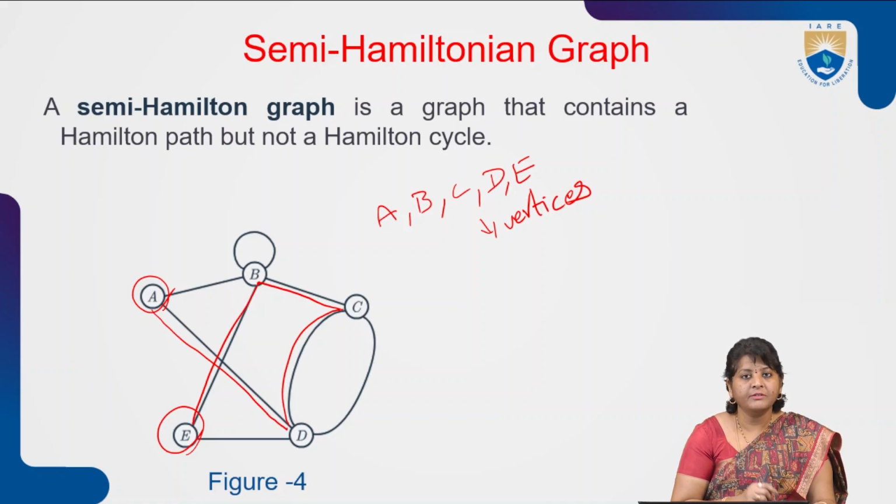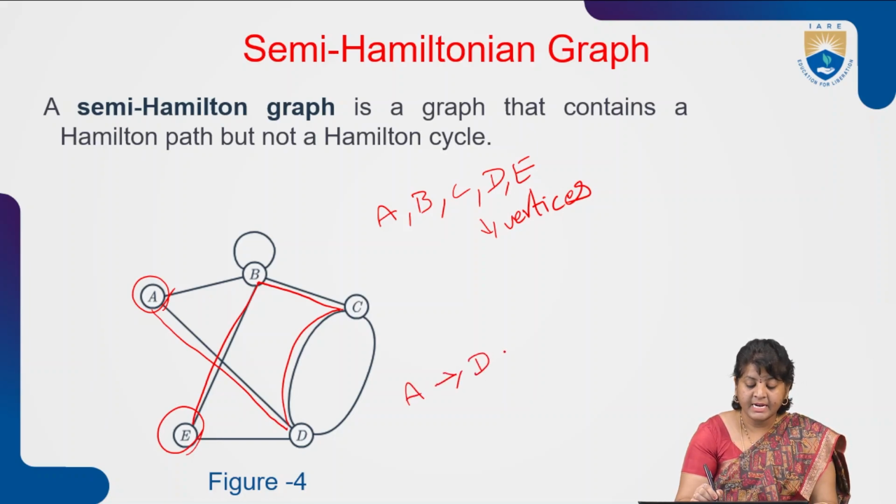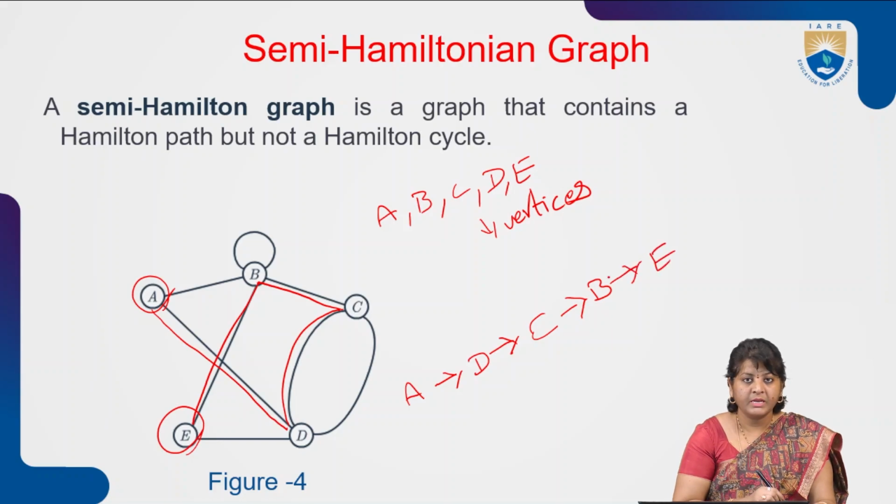So the condition fails. So here, what I did was A to D, D to C, C to B, and B to E. This is one possibility of finding out the Hamiltonian path.